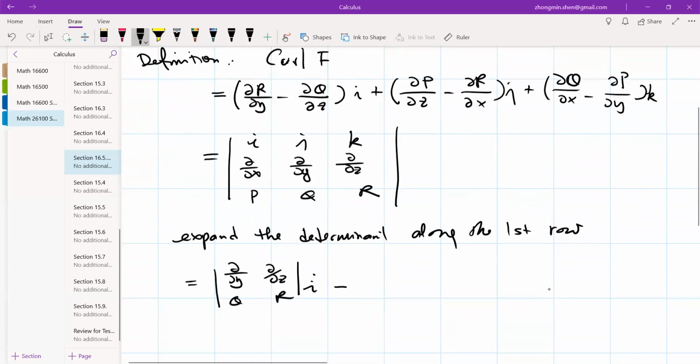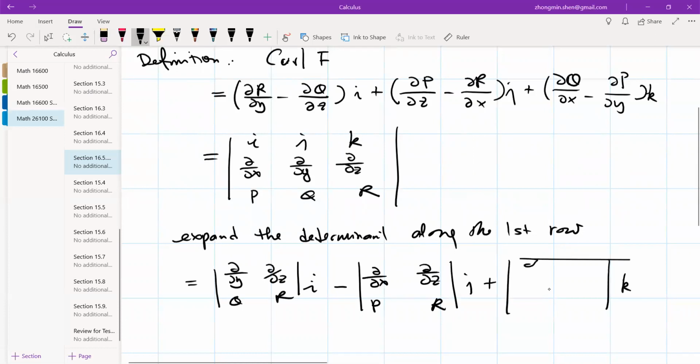And remember, then it's minus because you have to change the sign. So you delete the first row and the second column. What is left is partial derivative with respect to X, partial derivative with respect to Z, and P and R, okay? And that's j. And then plus the last one, it's k. So here, partial derivative with respect to X, partial derivative with respect to Y, and P and Q.